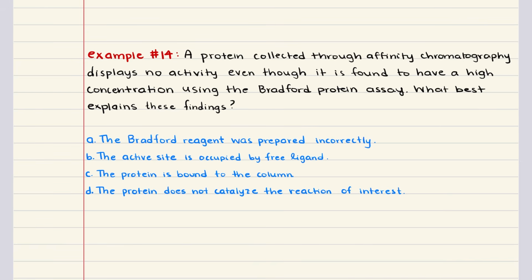If this ligand is still bound to the active site of the protein, then it would block substrate binding, which would effectively render the enzyme or protein inactive, even though it's present in solution. So the best answer for problem 14 is going to be B.